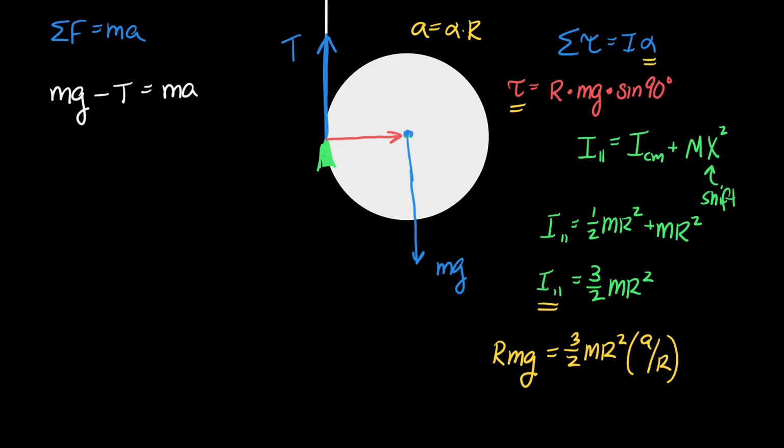Okay, so this R cancels with the one that's squared. That leaves an R on this side and an R on this side. So those two go away too. Oh, okay. So going back to where we were, that'll mean g equals 3/2 a. So you're going to love this. a equals 2/3 g. 6.7.